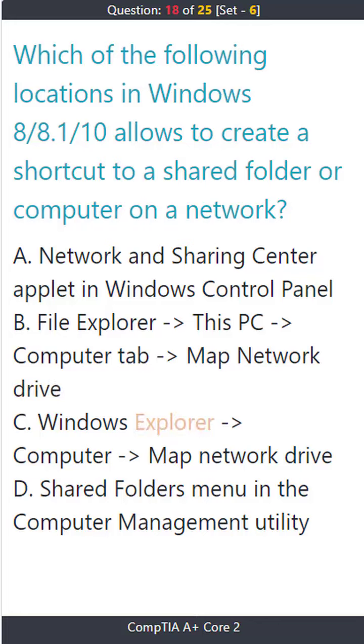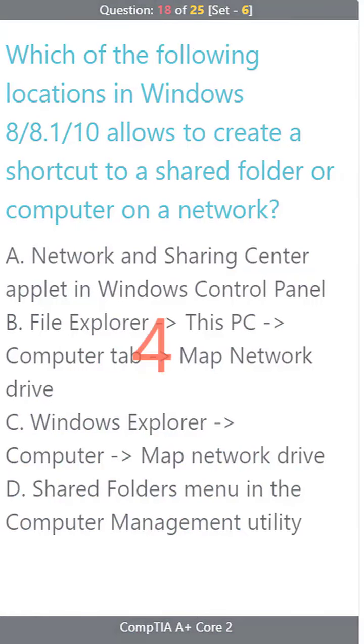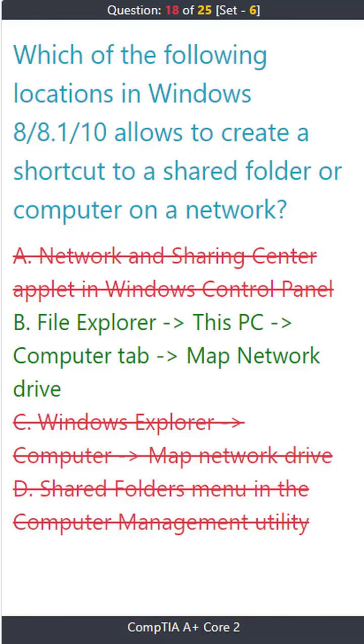C. Windows Explorer - Computer - Map network drive. D. Shared folders menu in the Computer Management utility. The correct answer is B. File Explorer - This PC - Computer tab - Map network drive.